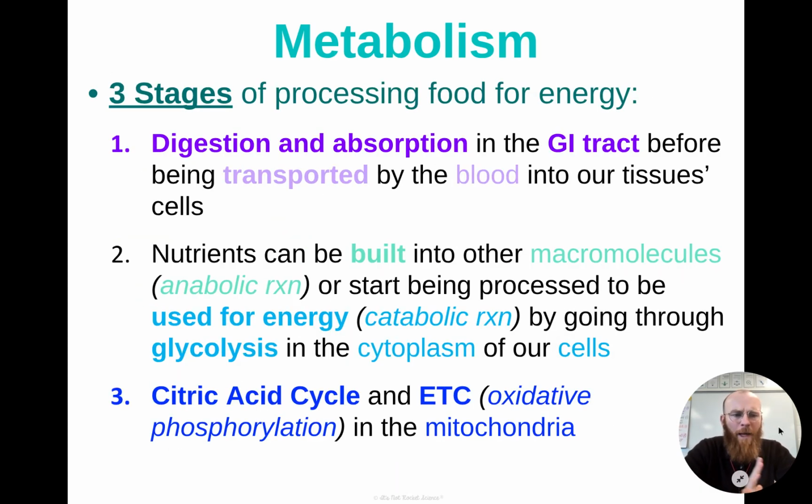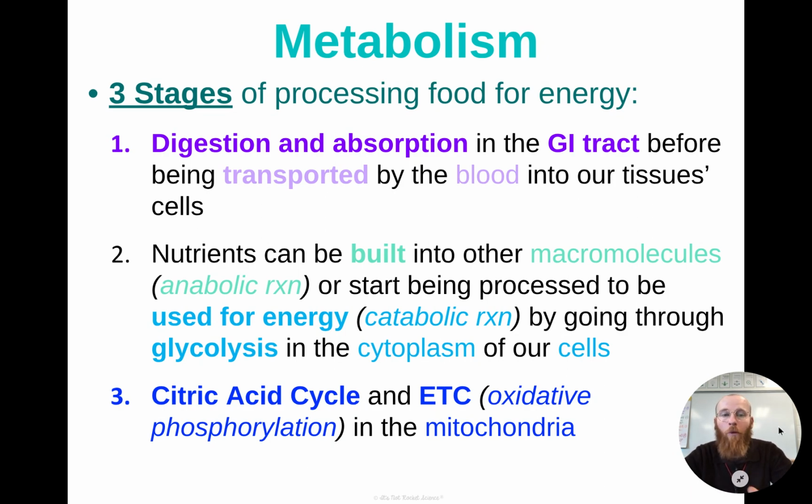All right, when we talk about metabolism, we can break this down into two major categories, anabolic, catabolic, but we can also break metabolism down into the 3 stages required for actually processing our food to make energy, okay? So you have these 3 stages, we'll define them really quickly. Stage 1 is digestion and absorption in the GI tract before we transport all of those broken down materials into our tissue cells.